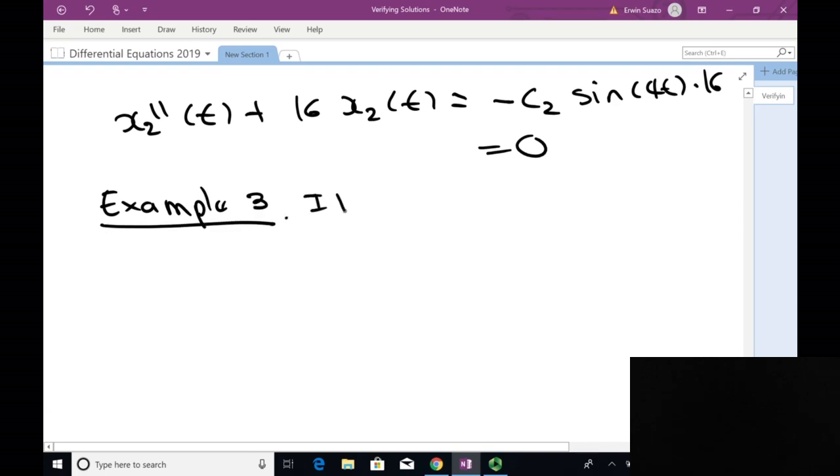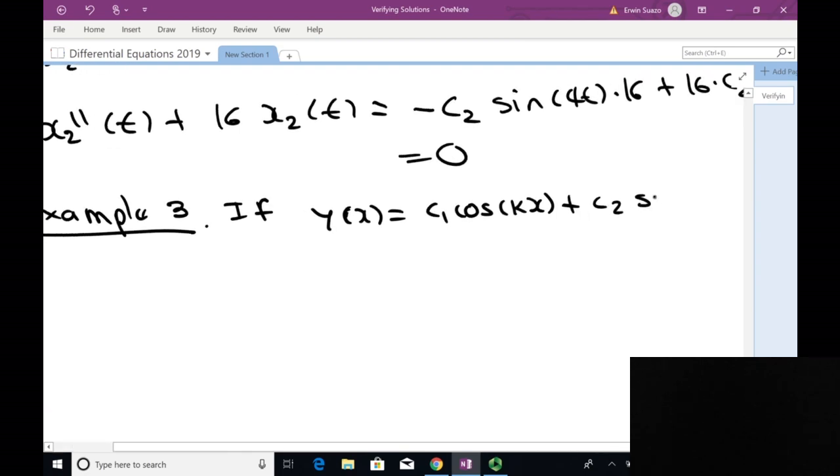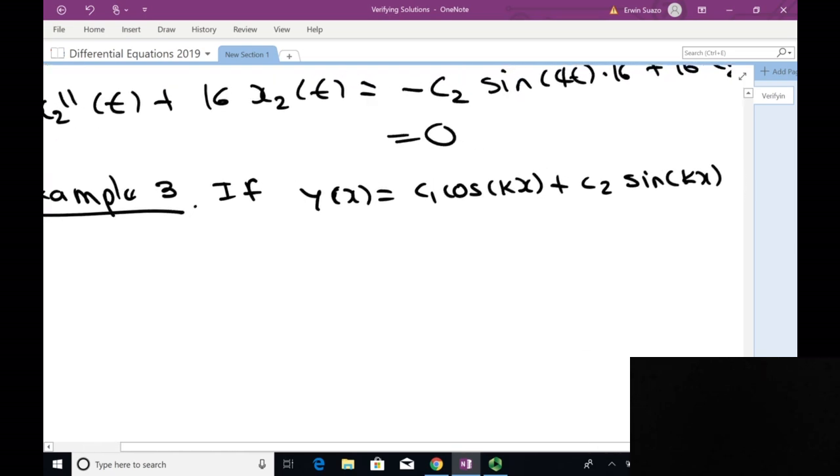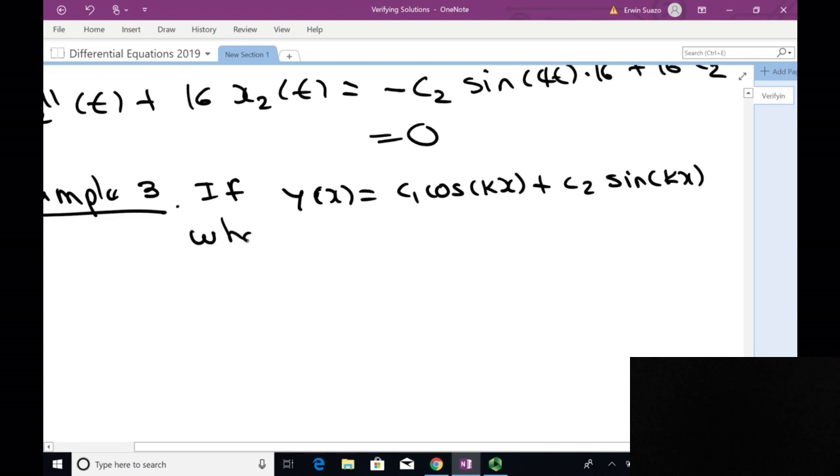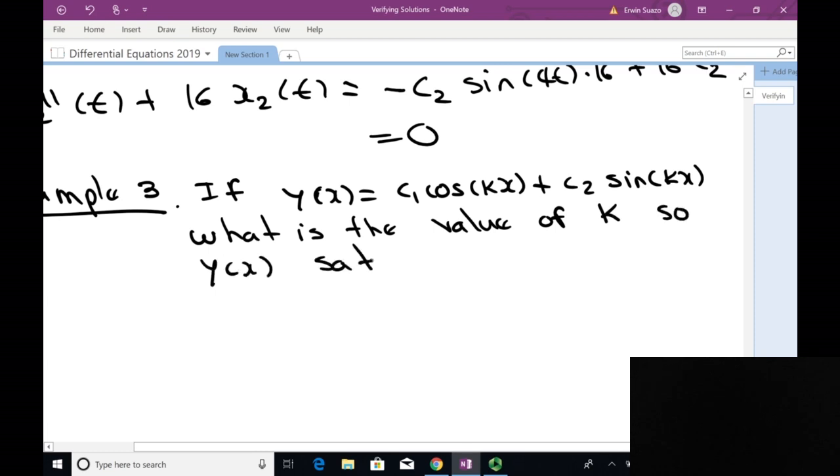If y of x equals c1 cosine of kx plus c2 sine of kx, what is the value of k so that y of x satisfies y double prime plus 49y equals 0, right?